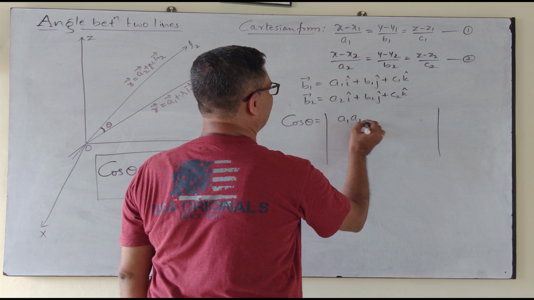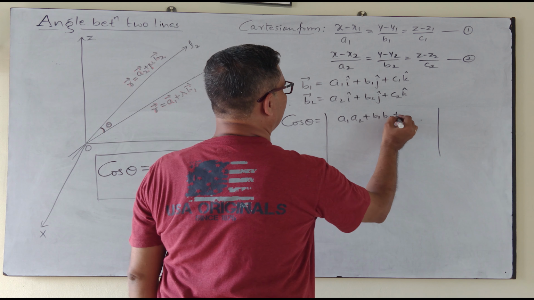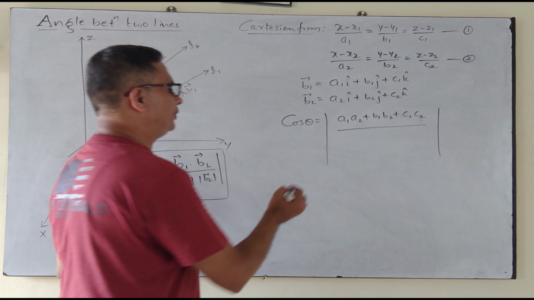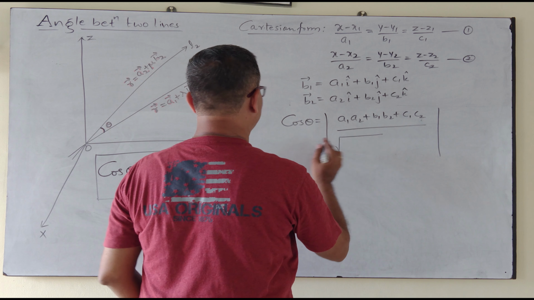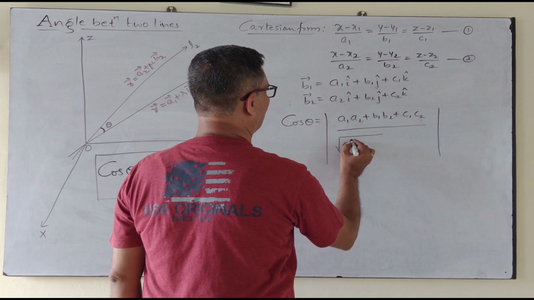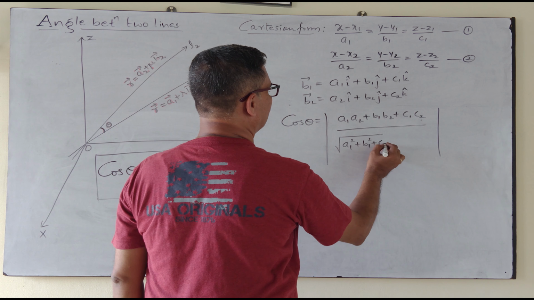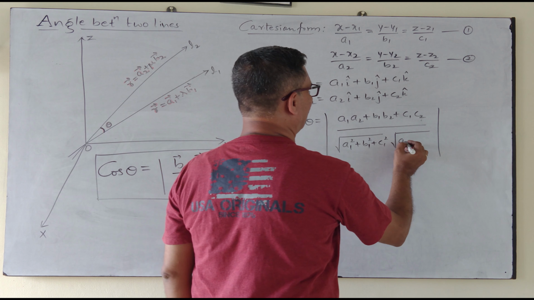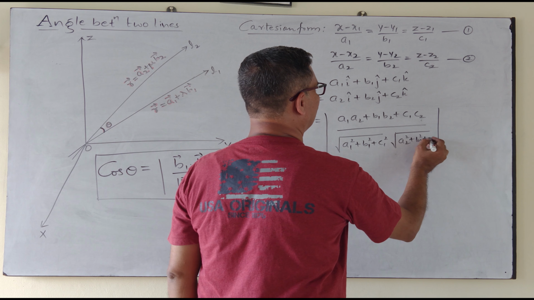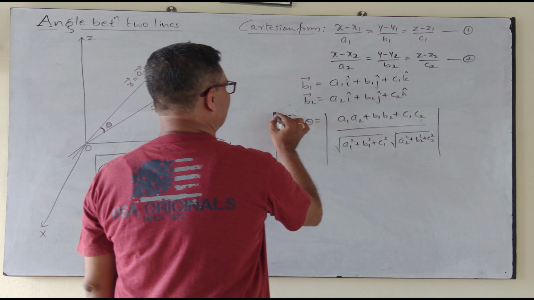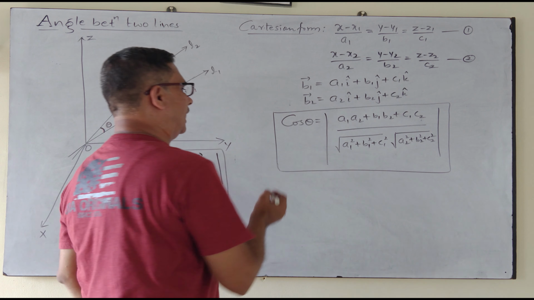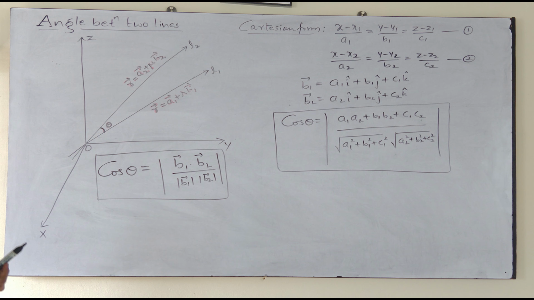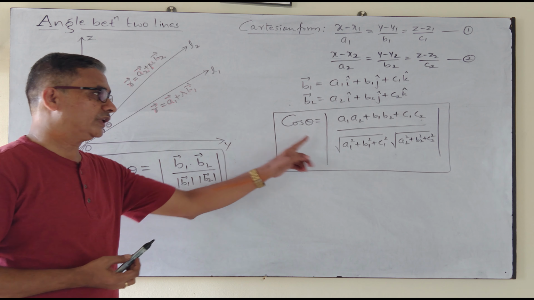What is that? a1 a2 plus b1 b2 plus c1 c2 divided by magnitude of b1, which is root of a1 square plus b1 square plus c1 square, into magnitude of b2, which is root of a2 square plus b2 square plus c2 square. This is Cartesian form of angle between two lines, that is vector form of angle between two lines. Most important, remember only formula.